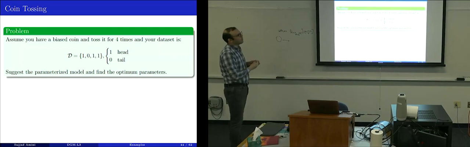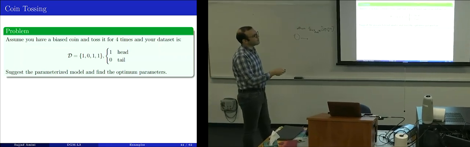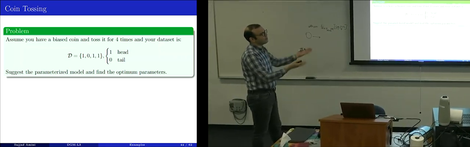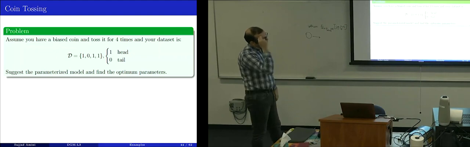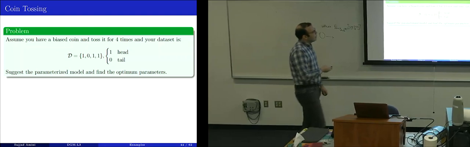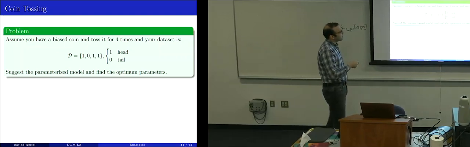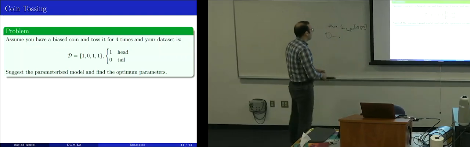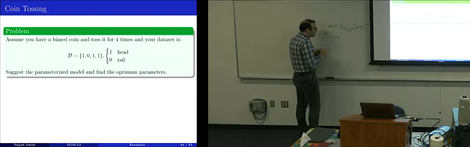And the result of my tossing is this data set. This is exactly an unsupervised data set. There is no label for it. So I see 4 times head and 1 time tail. Now we want a model, and then optimize that model. What is the best model here? What do you suggest as a model here?